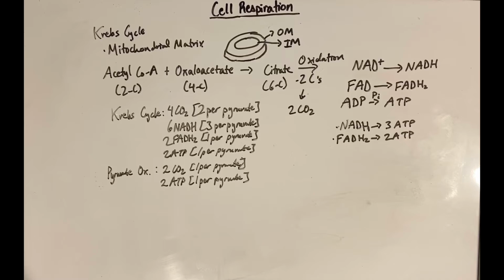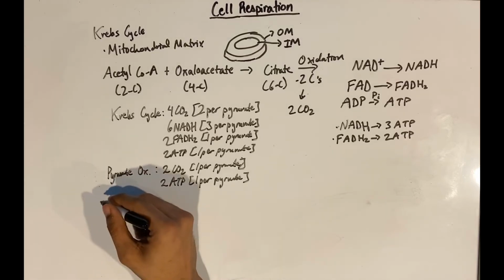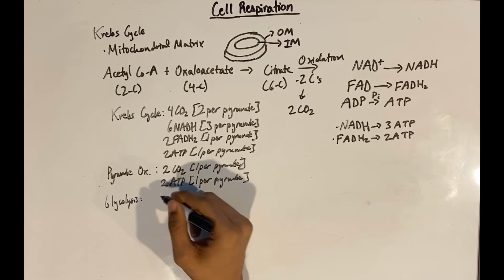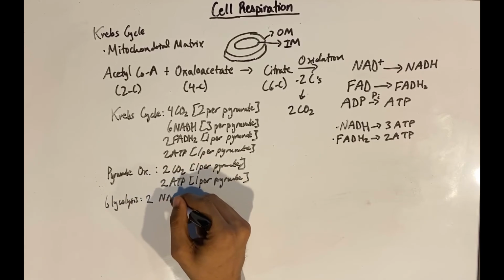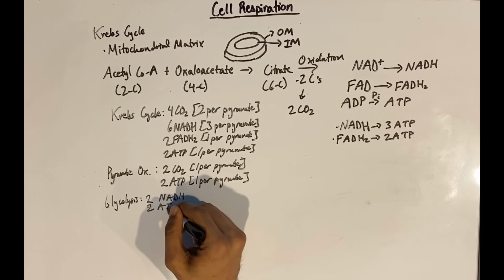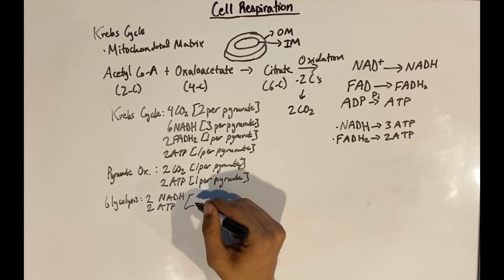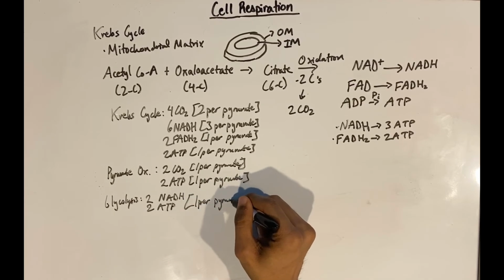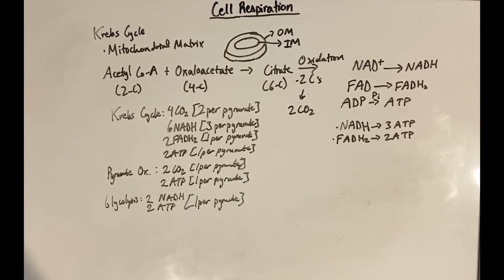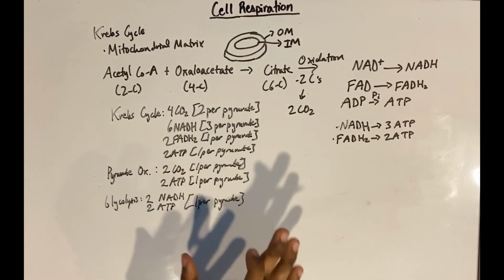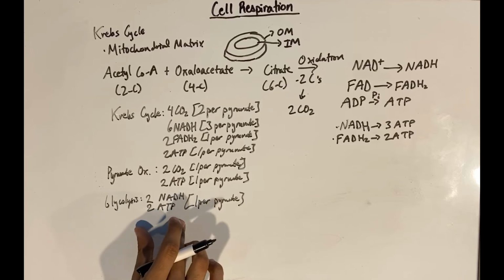So remember that glycolysis as well. Glycolysis produces 2 NADH and 2 ATP, both of them 1 per pyruvate. It is important to know the distinction between each pyruvate versus the total amount.